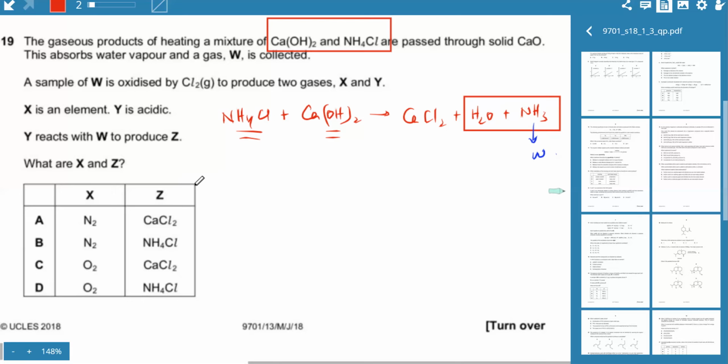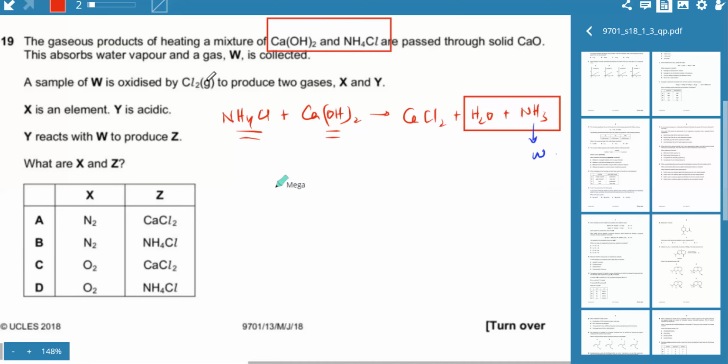And then he's saying a sample of W is oxidized by Cl2 to produce two gases X and Y. So just a second. I pass this through solid calcium oxide. This absorbs water vapor and a gas, which is definitely NH3, W is collected. So this is W. A sample of W is oxidized by Cl2.